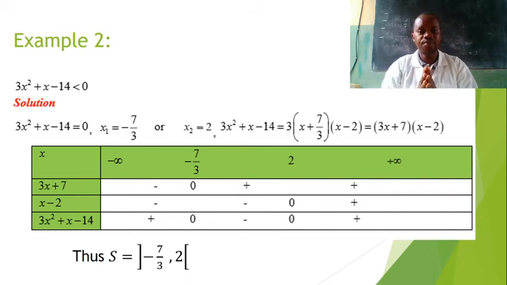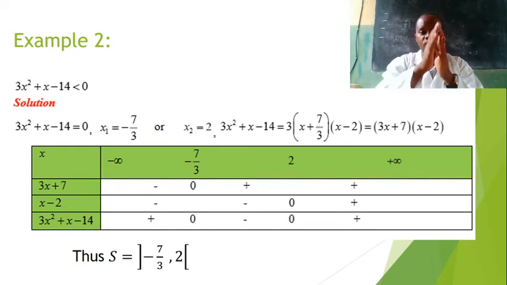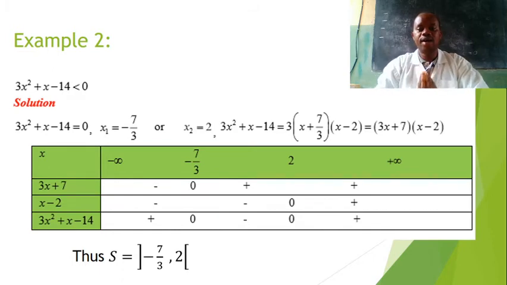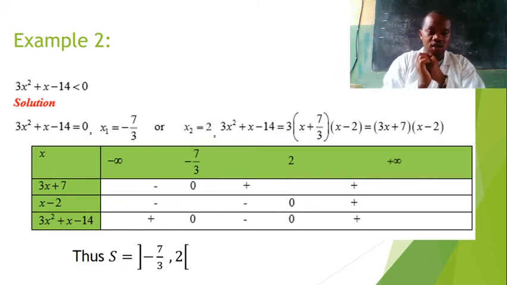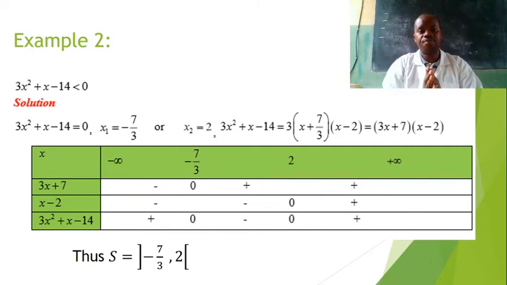And then we see the signs of 3x plus 7 in the range from minus 7 over 3 up to positive infinity, and we take a number in this range also. We do the same as we did for the first interval.